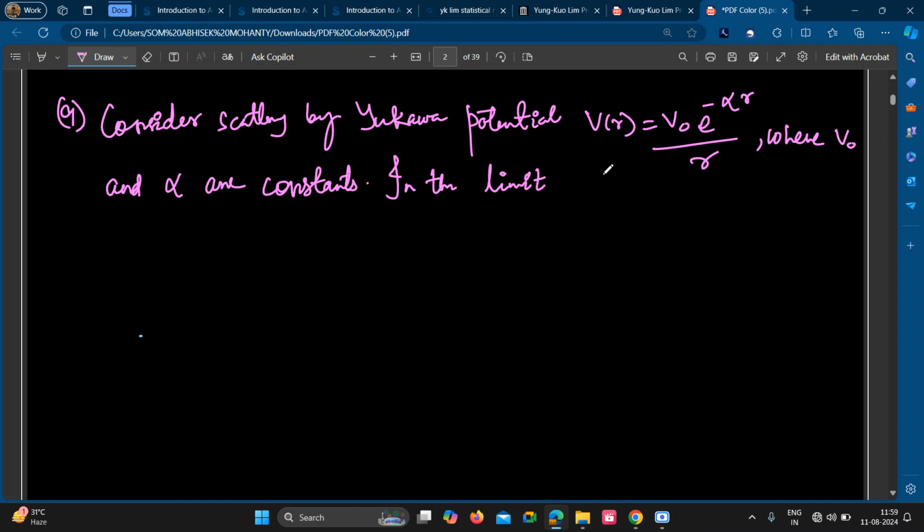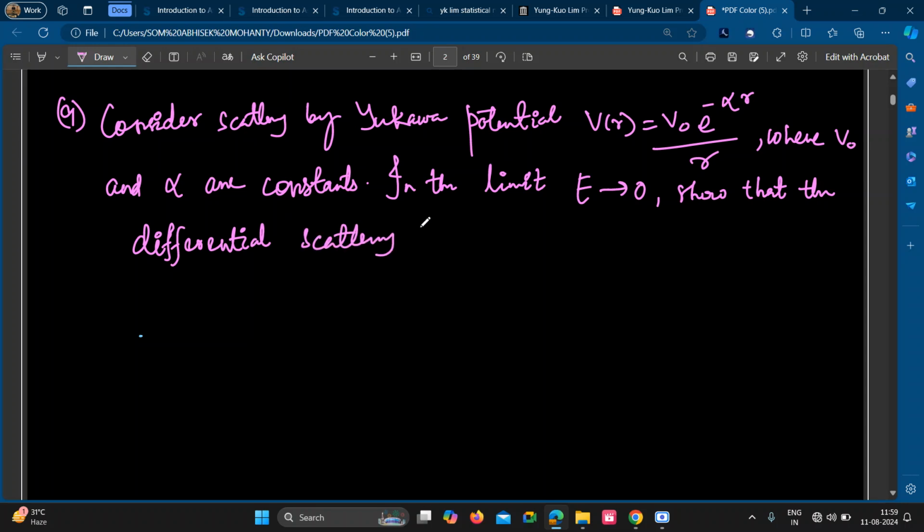In the limit E tends to zero, so that the differential scattering cross section is independent of theta and phi.